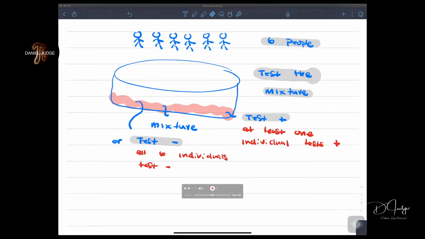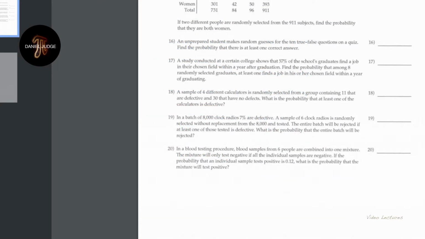And so what happens now then is if we go back to the browser and we read this, it says, here's the last sentence, the probability that an individual sample now tests positive is 0.12. So let's write this down.